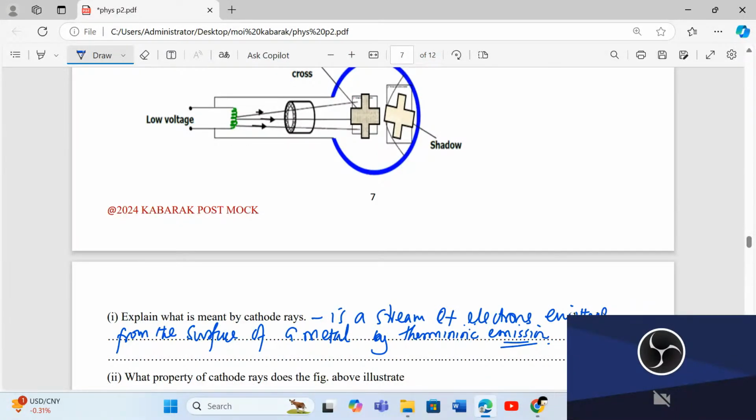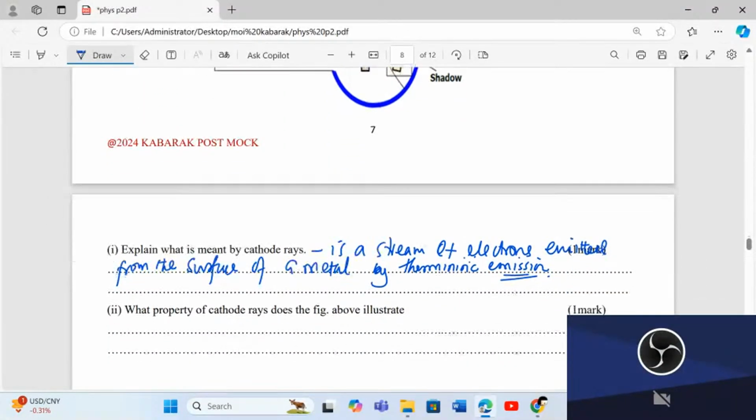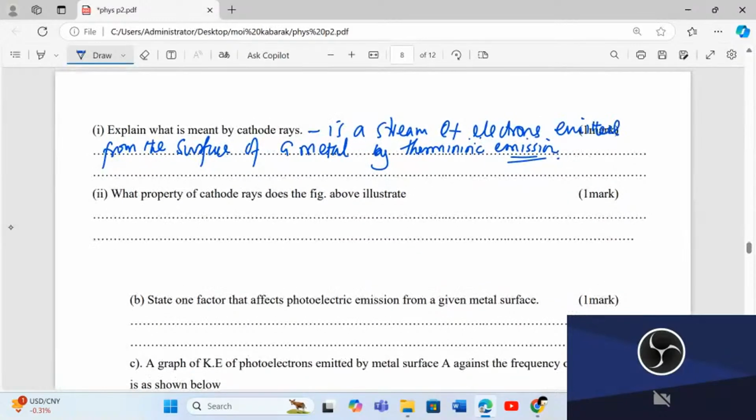Remember, a shadow is formed when rays or a beam of electrons are blocked by an obstacle. This means that the electrons travel in a straight line.